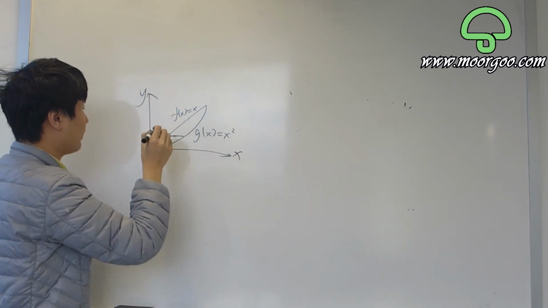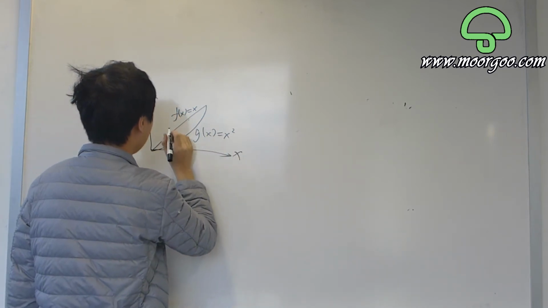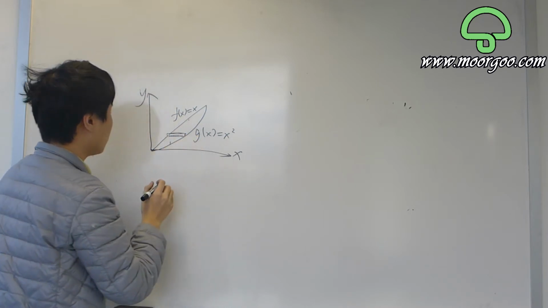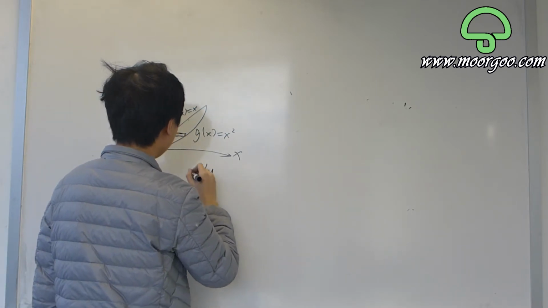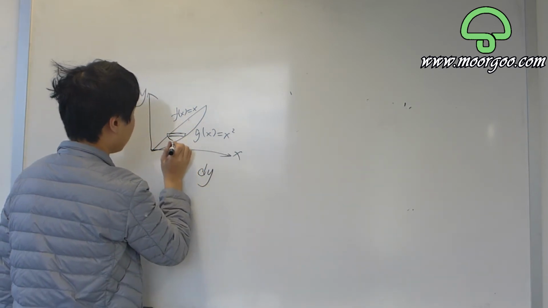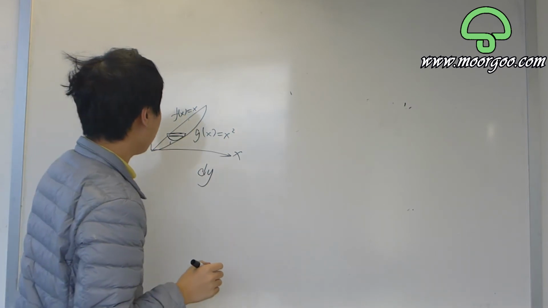So we will have lots of semicircular cards of thickness dy, and how do we know the area though?